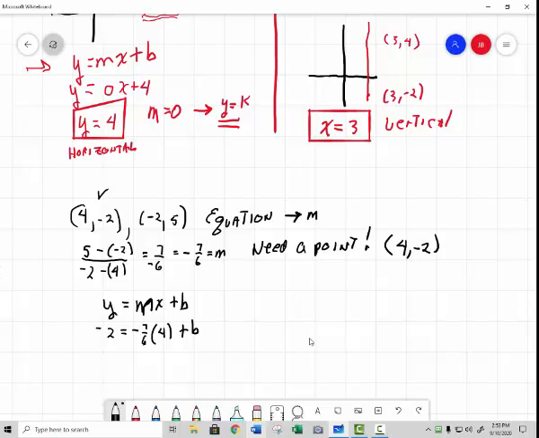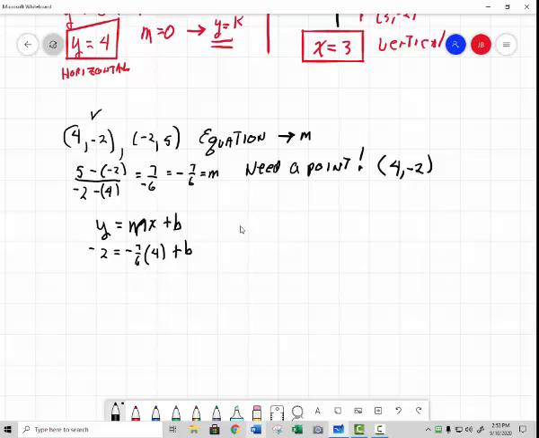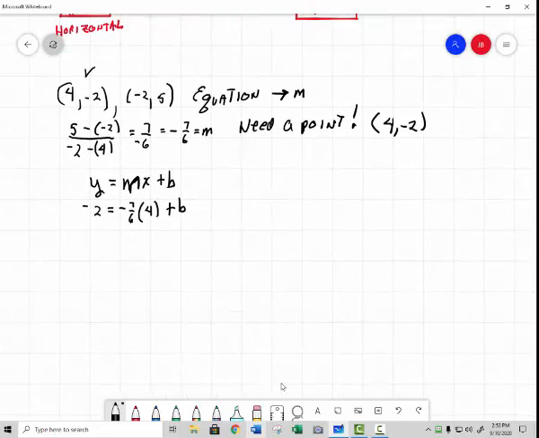Now there's a couple of things you could do here. I'm going to show you a trick that I use quite frequently. I'm not going to multiply. Well, I guess I could. Let's go ahead and multiply that. That's negative 2 equals negative 28 over 6 plus b. Now what I would do is multiply everything by 6 just to clear that fraction. I could reduce this to 14 over 2, but I'm not going to. Let's multiply by 6.